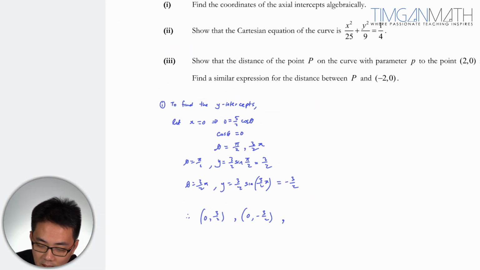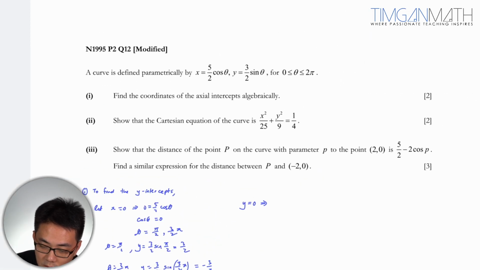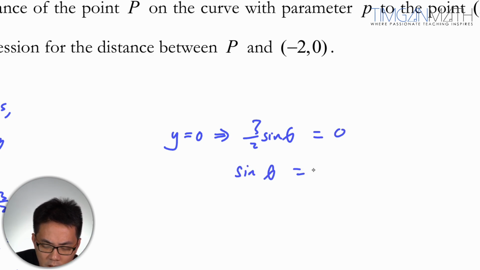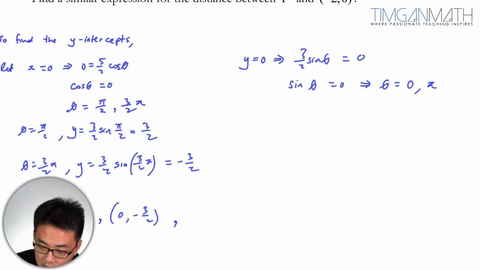Okay, that's pretty okay. Then after which, we're going to look at y equals 0. Basically, y equals 0 will give us 3 over 2 sine theta equals 0. Then sine theta would be 0, and sine theta equals 0 would just mean that theta is 0 and pi. So when theta equals 0, y is 0 obviously.